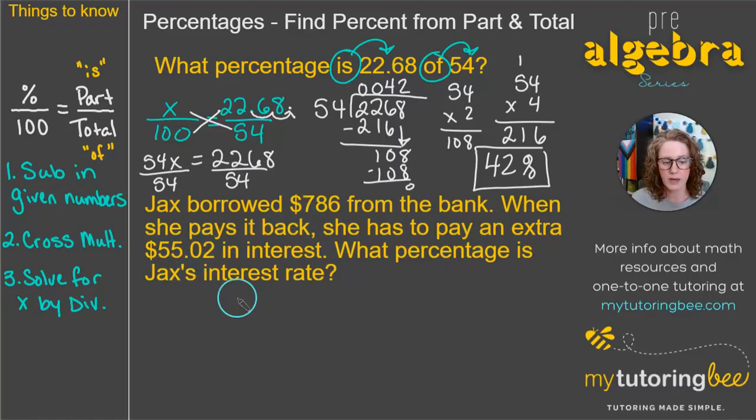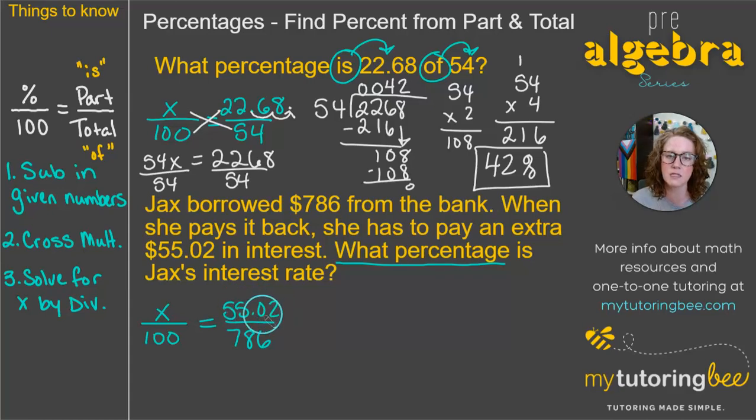So let's go ahead and set up our proportion here. We've always got that fraction over 100 equal to another fraction. Again, what percentage? So we don't know what the percentage is, so we're going to put our variable there. She borrowed $786, so that's the total amount that she borrowed, but then she's going to have to pay back this $55.02. So that's the part.